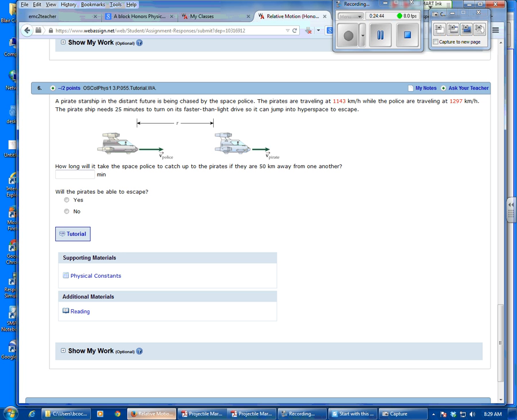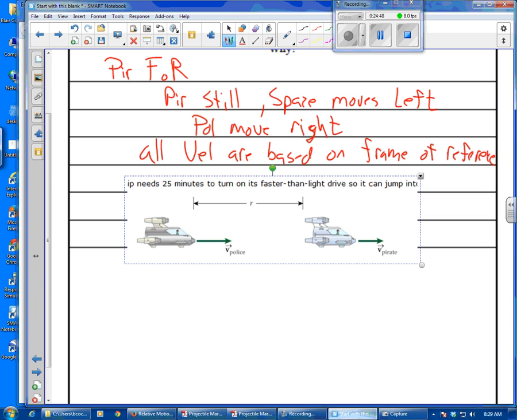So if we're doing it in the frame of reference of a pirate, he's not moving, but space, velocity of space with respect to the pirate is that way. Yeah, that's the only thing I would really change in our diagram there.